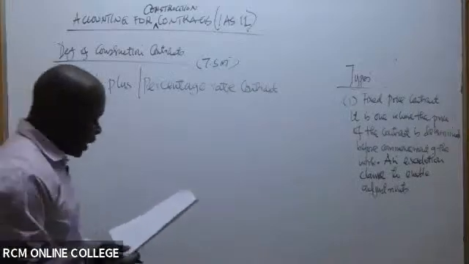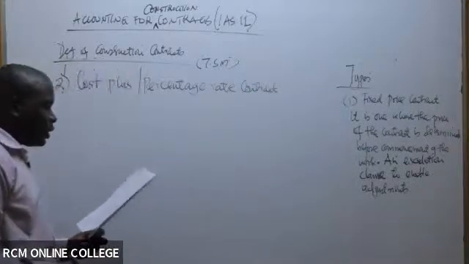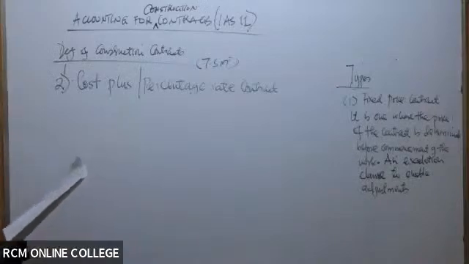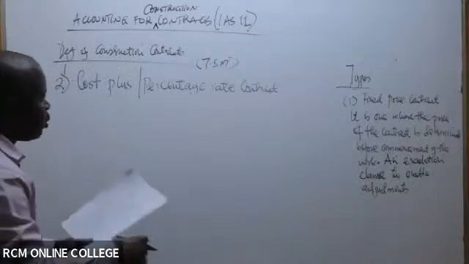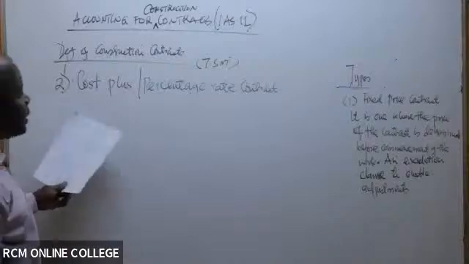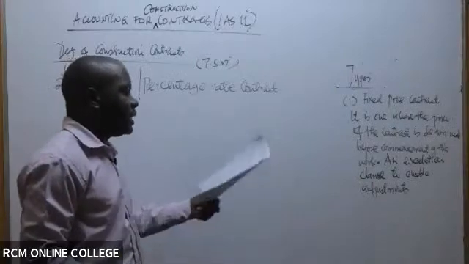It is a contract where the contract price is only determined after the contract has been fully completed. So it is the opposite. After you have completed the work is when the contract price will be determined.